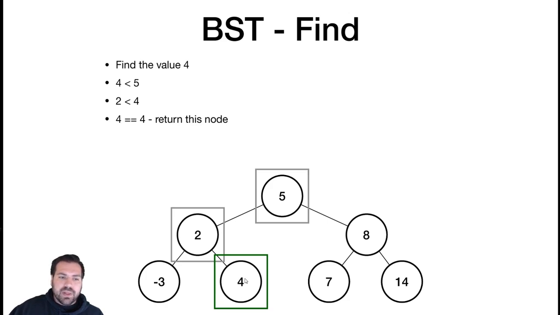And does the value I'm looking at come before the value I'm looking for? That's also false. Since both are false, we must have an equality according to this comparator, and then we can return this node. So this node gets returned back up the recursion, and then that call to find is going to return a reference to this node right here.